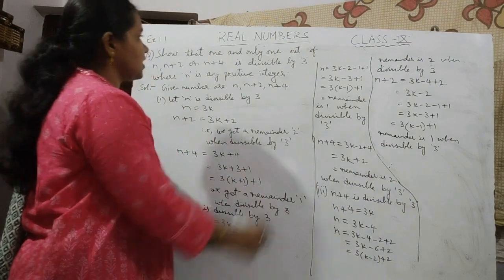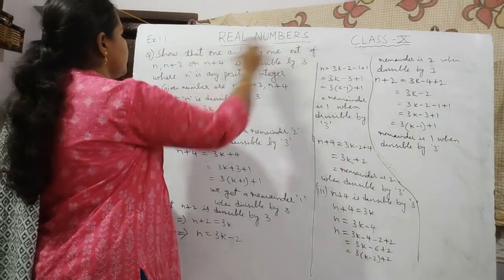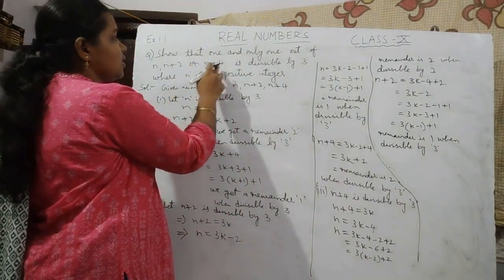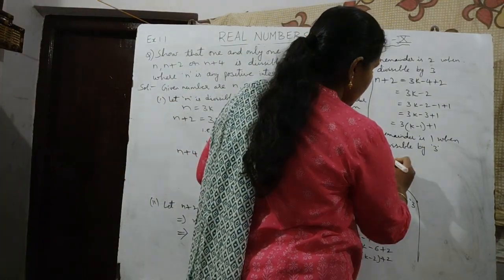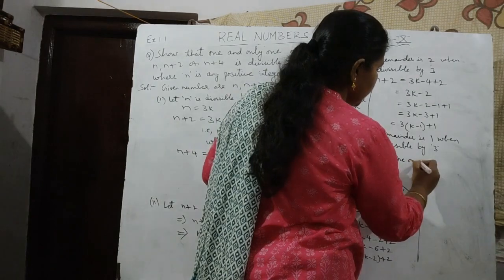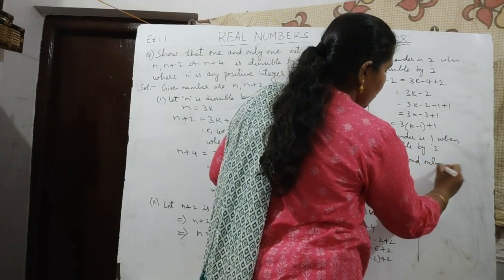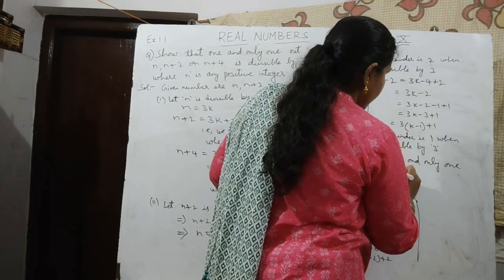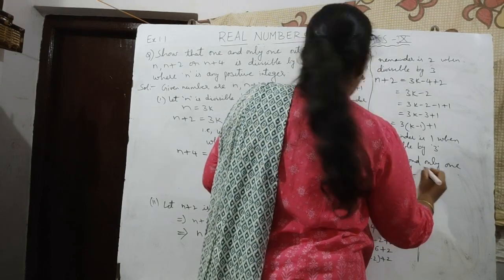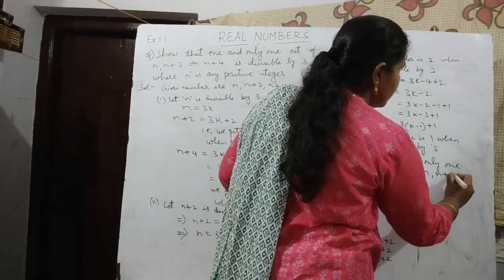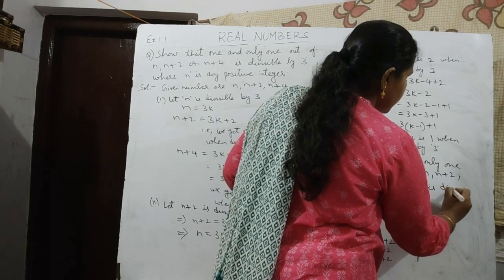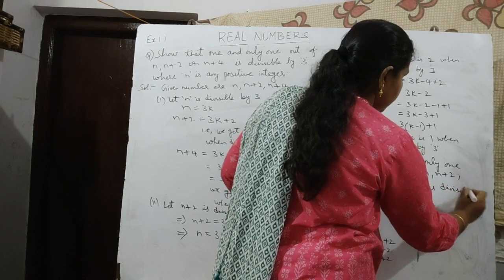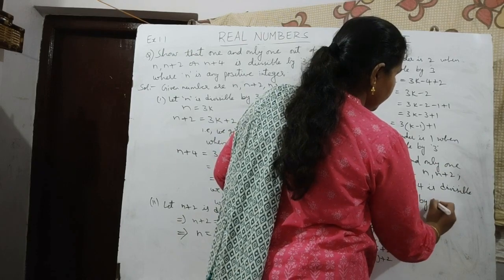So at the end you have to write this statement: therefore, one and only one out of n, n plus 2, n plus 4 is divisible by 3.